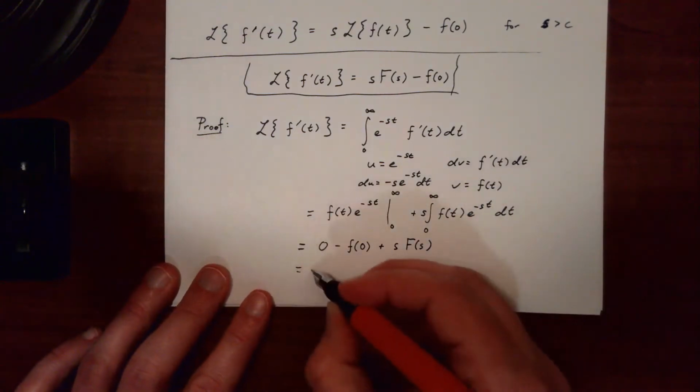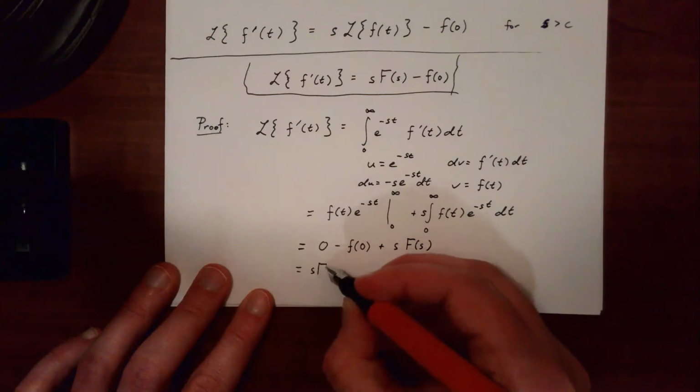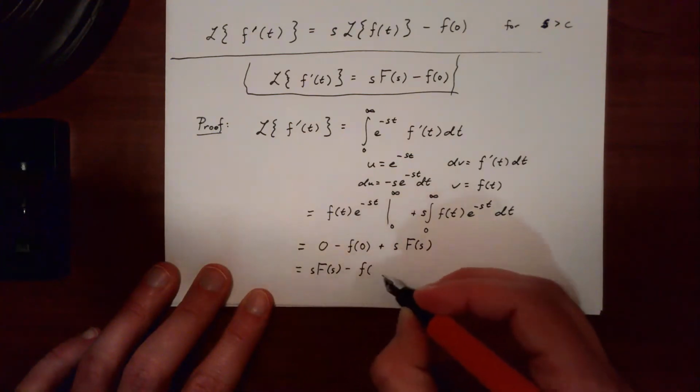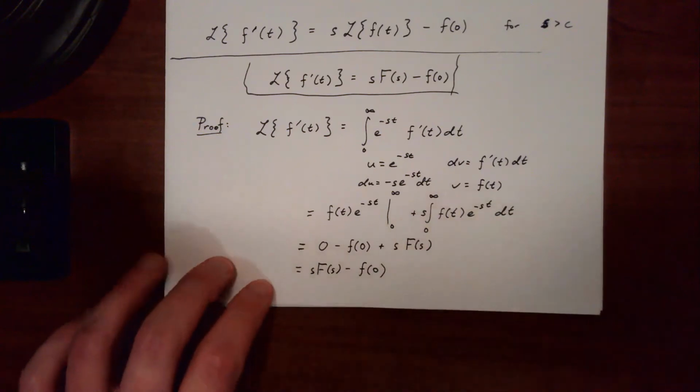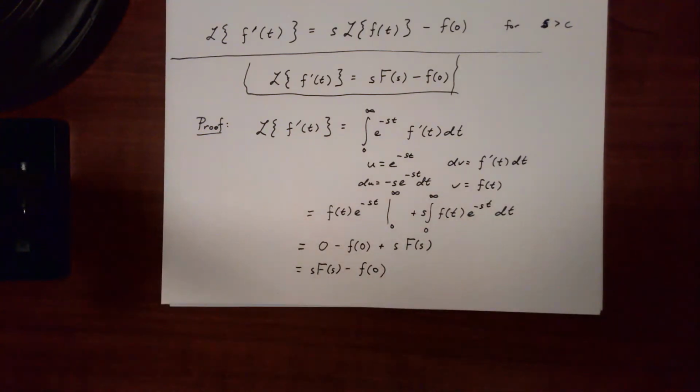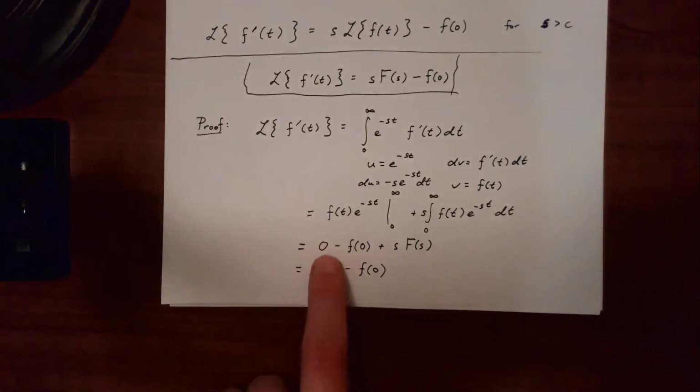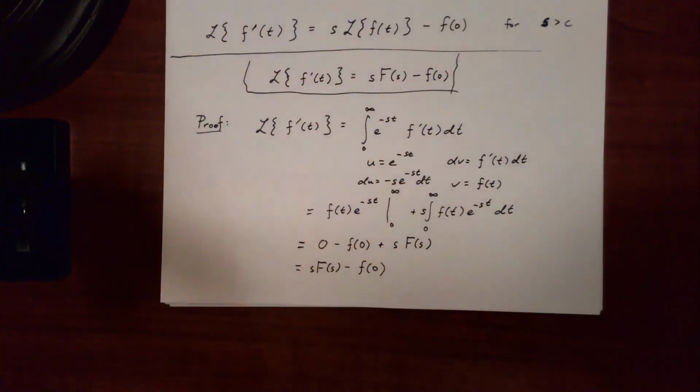So what is that equal to? s F of s minus f of 0. So that is, in fact, the argument. Now, the only leap that we made here was in assuming that it was exponentially bounded, leading to this limit equaling 0. But that's it.